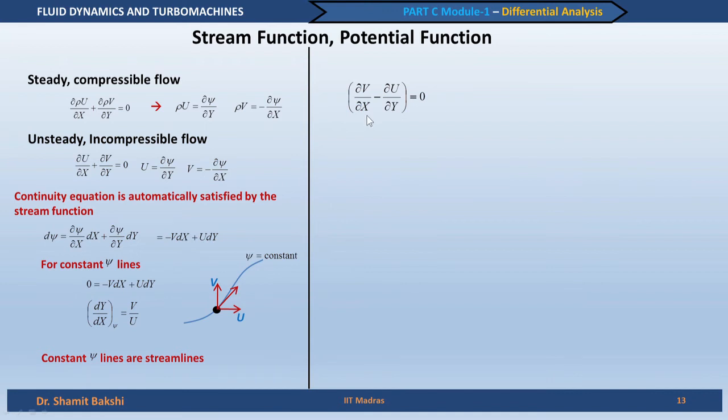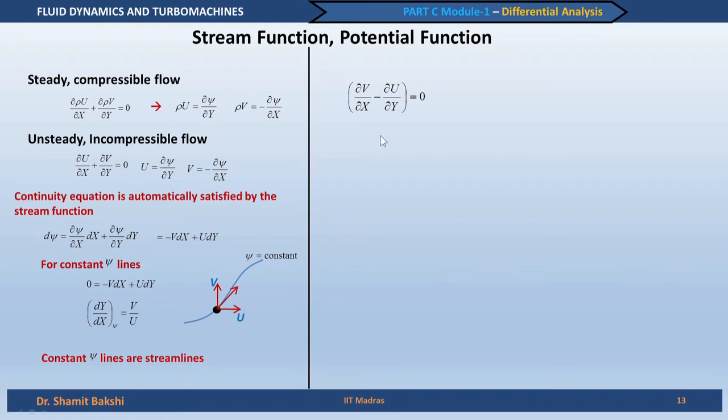If we define a function, let us name it phi, in such a way that it automatically satisfies this irrotationality condition, like we had defined the stream function in such a way that it automatically satisfies the continuity equation. Now, we define a function such that it automatically satisfies the irrotationality criteria, that is omega z equal to 0.